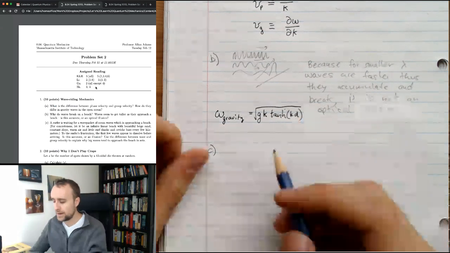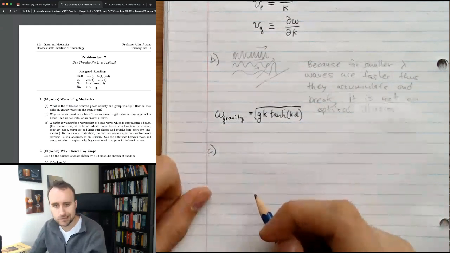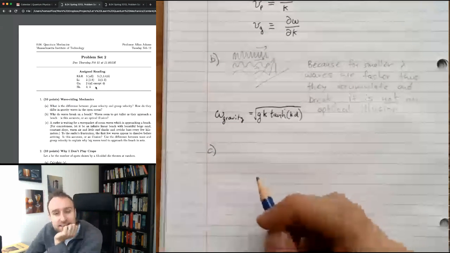So why do waves tend to approach the beach in sets? Again, this whole question is 803, so I'm struggling here.